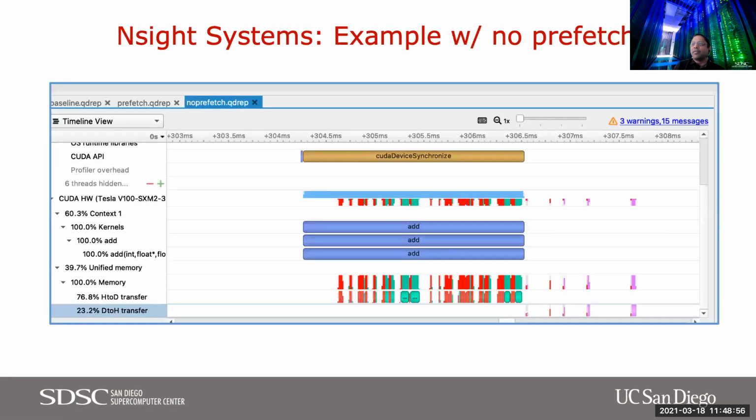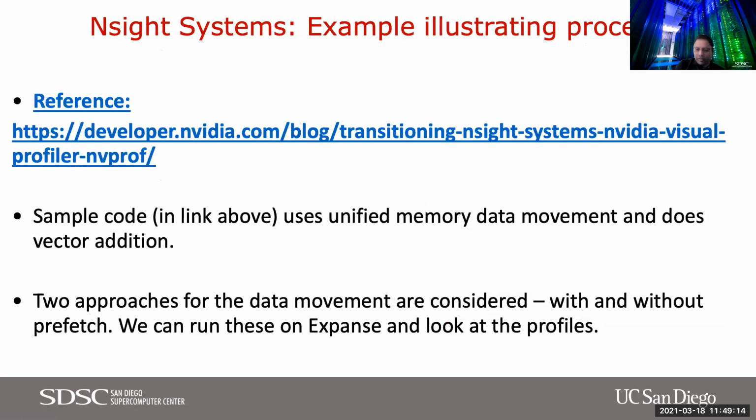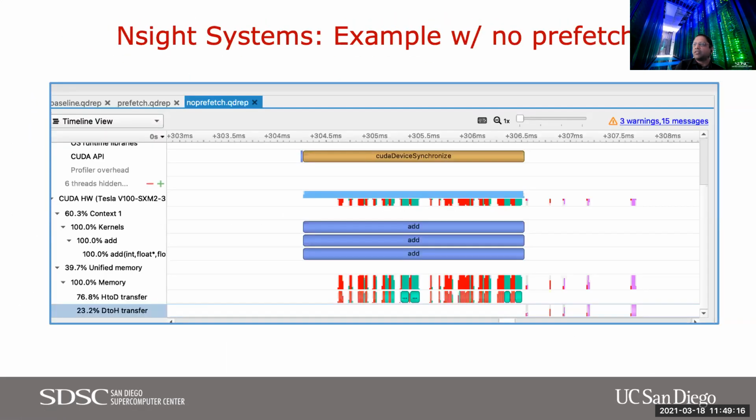If you run it without prefetch, you can see that there's a lot of data transfer going on and the compute at the same time. So there's going to be a lot of delays because basically you're moving data around during the compute.